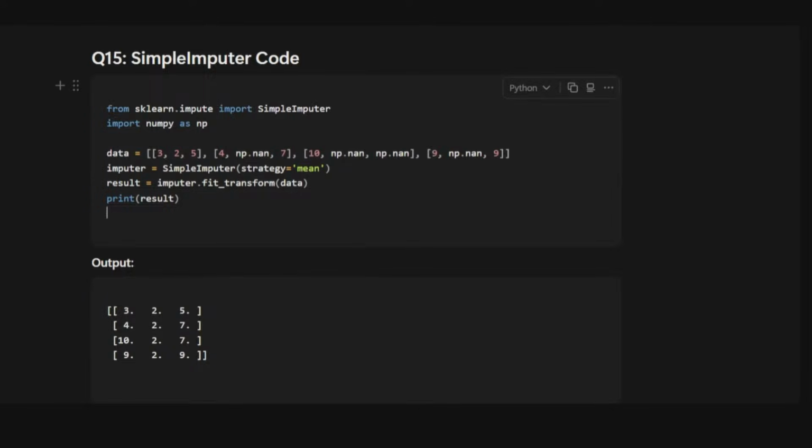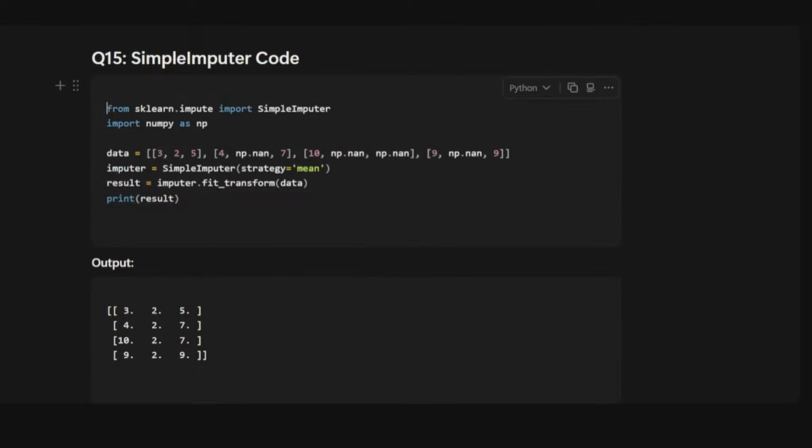Another thing: since we're representing 3, 2, 5, 4, and then not a number, 7 like this, keep in mind that this is column 1, this is column 2, this is column 3. That is how you need to write it as a matrix.